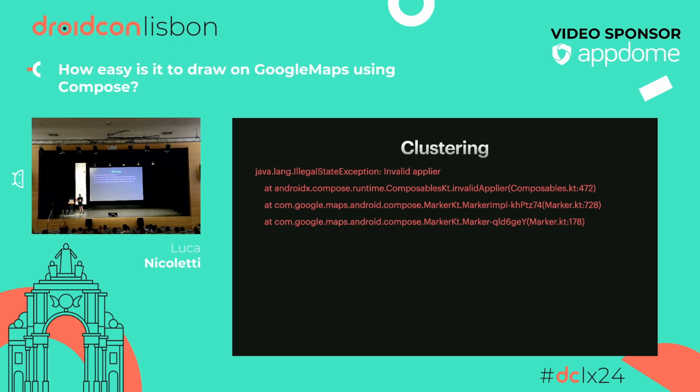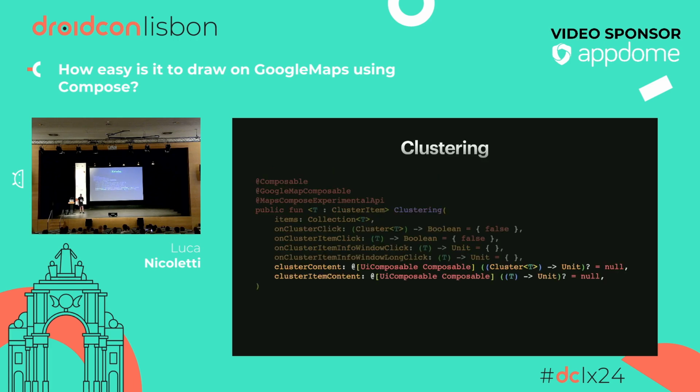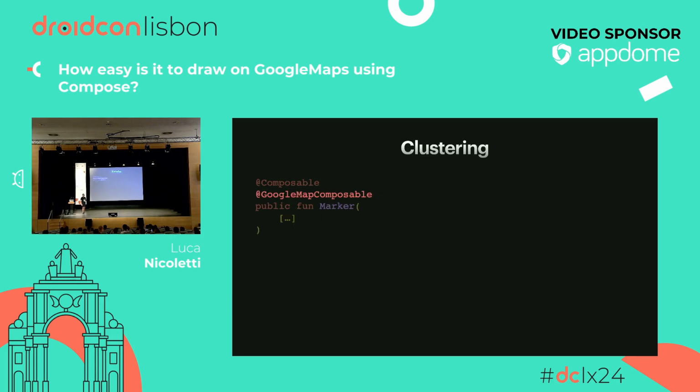This is because the cluster content and cluster item content are marked as UI composable, while the marker composable function is using the annotation GoogleMap composable. So if you want to use the marker, you need to get an icon and place an icon, which is just a composable, inside of your customization.